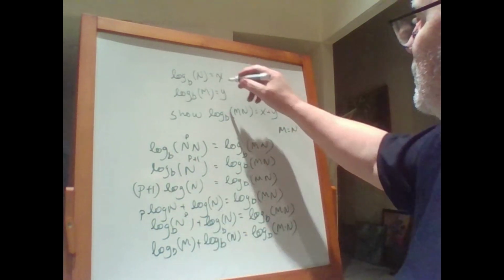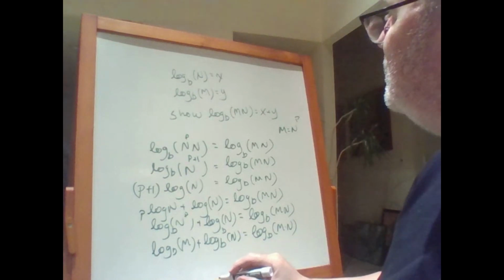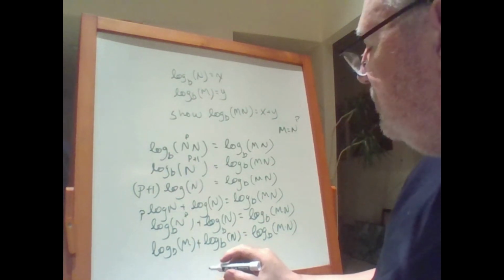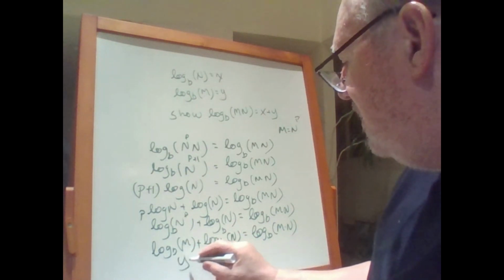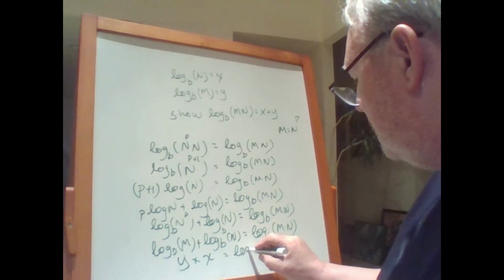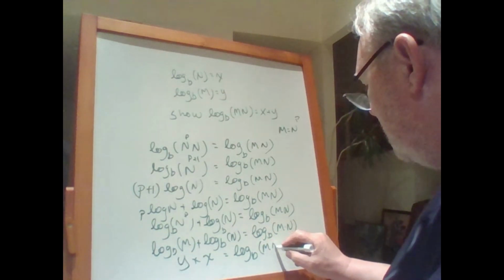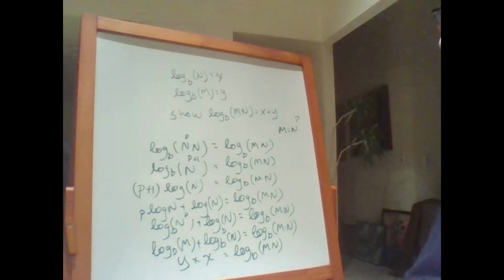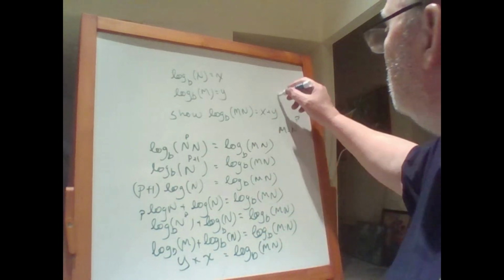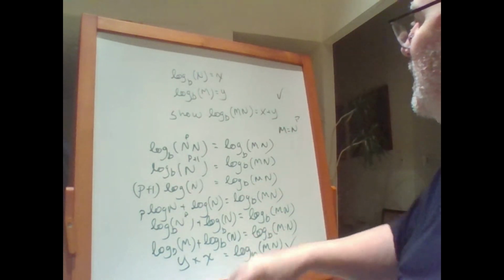But that was given. Log of m is y, log of n is x, so we have y plus x equals log b of m times n. So we've shown it. We've gotten the equivalence there.